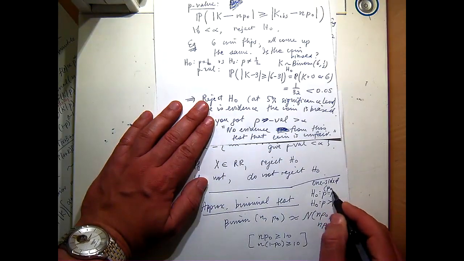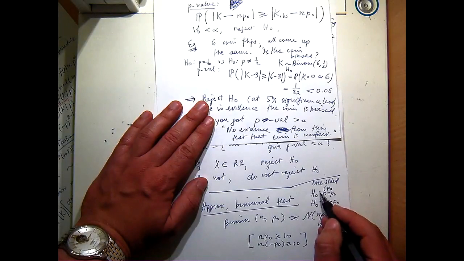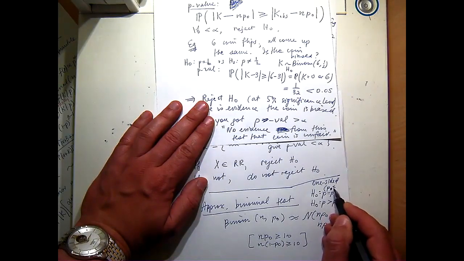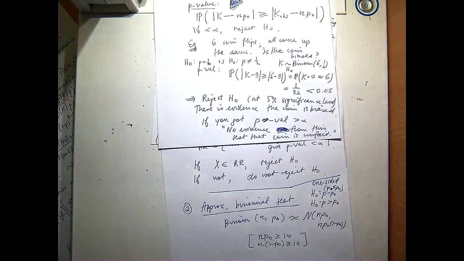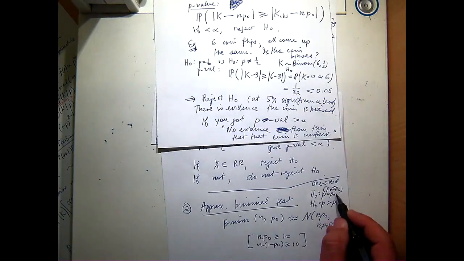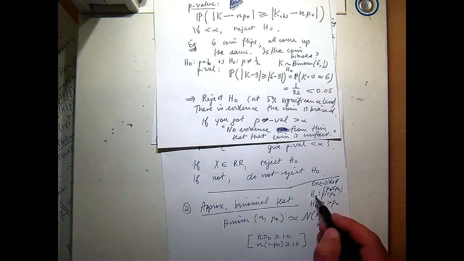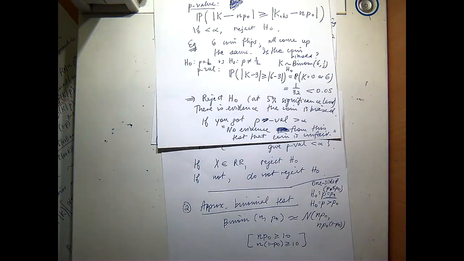Sometimes, to be pedantic, people would say H0 is also a region, p less than or equal to p0. But that doesn't change anything. You still treat it as p equals p0 for the purpose of calculating, because if it's further, you would just have a less stringent test. So sometimes people write H0: p less than or equal to p0, but what they really mean is the same as p equals p0.